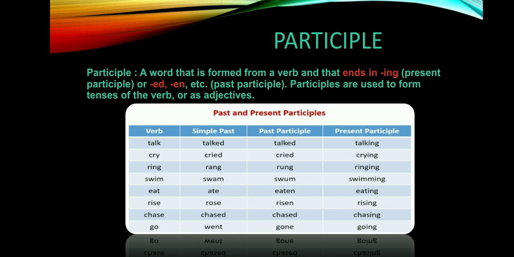Rise, rose, risen, and rising. Chase, chased, chased, and chasing. Go, went, gone, and going. So you can see sometimes simple past and past participle are the same, but in some cases they can be different.